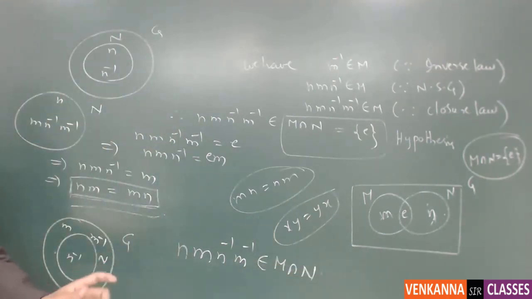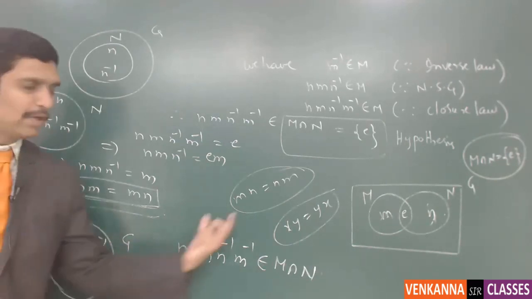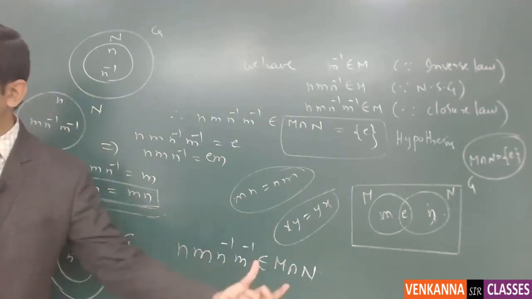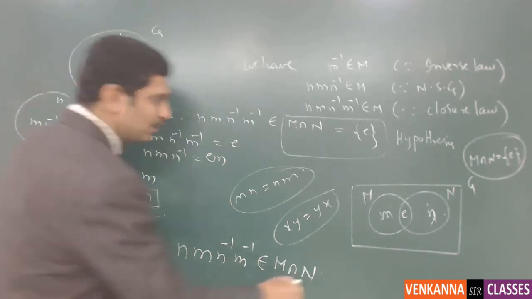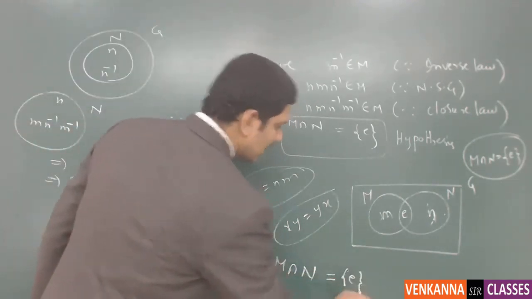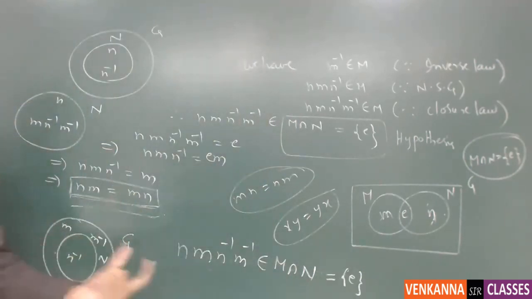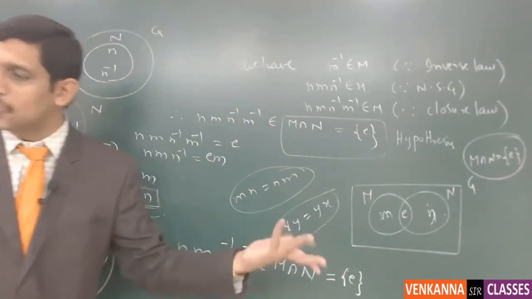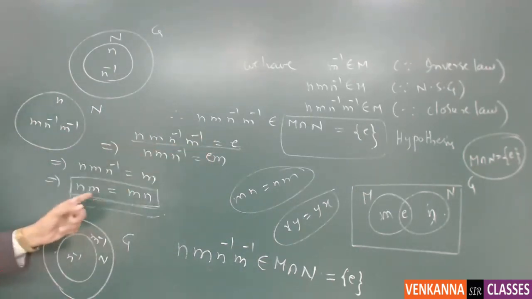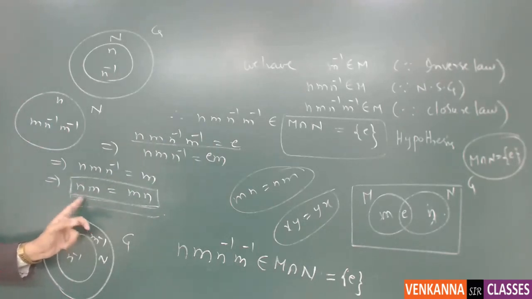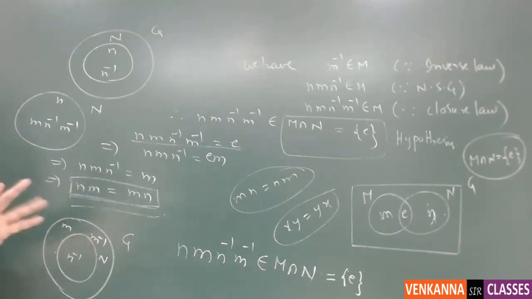Individually, I have shown that this value belongs to M and this value belongs to N using the properties I drew here. If this value belongs to the intersection, which has only one element, it must be equal to that element only. It has no other choice. So by multiplying both sides with m and n, you will get this result. Now the picture is clear.